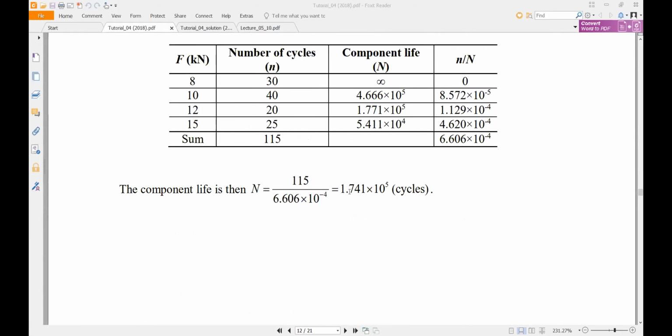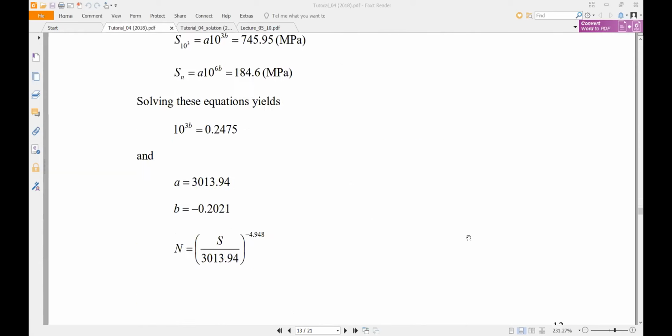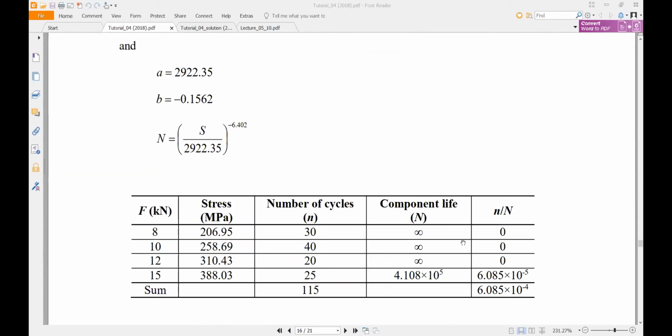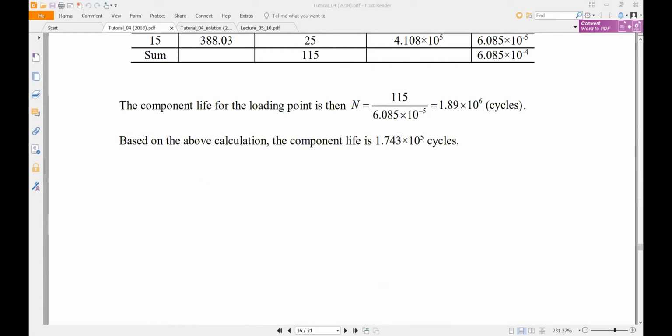So this is 1.741 times 10 to the power 5 cycles. In here you will get the answer. So see, it was 1.741 earlier. So 7.3, so 1.743. It was 1 in here with the SN curve.